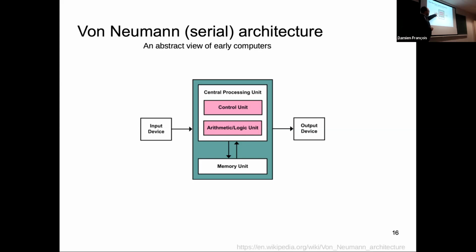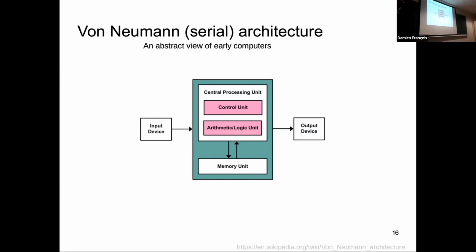That has a control unit with the circuitry to organize the instructions, and the ALU, the arithmetic and logic unit here. And this unit is talking to the memory unit, where you have the short-term memory or volatile memory, and you have some inputs and some outputs, and this is the basic block diagram of a computer.